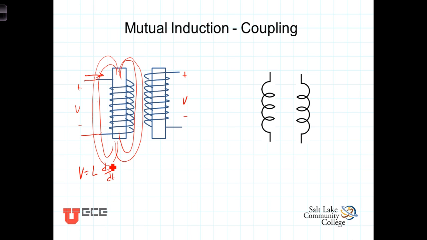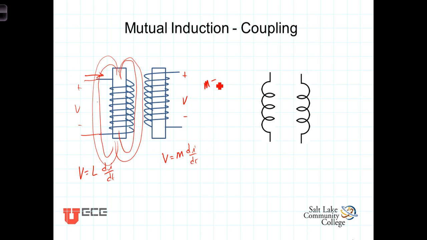It turns out there's a similar relationship for the voltage induced in this secondary coil. The voltage here is equal to some constant M times the derivative of the current flowing in the first coil. This constant M is known as the mutual inductance.